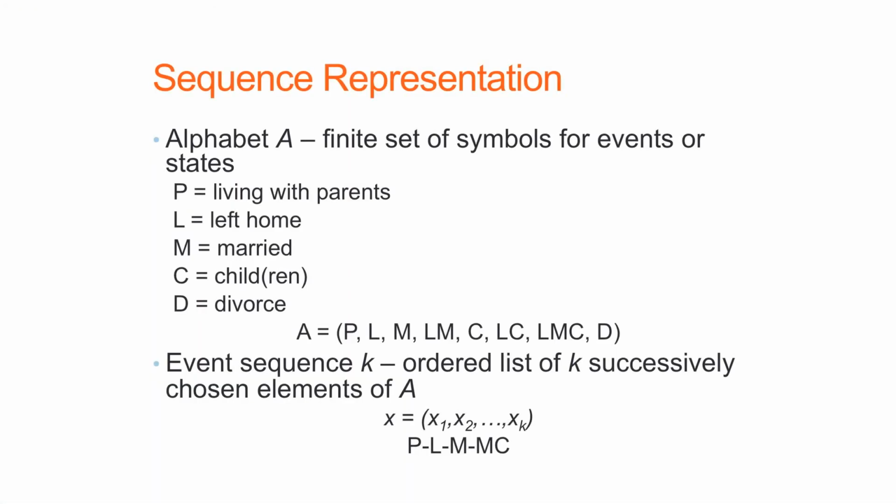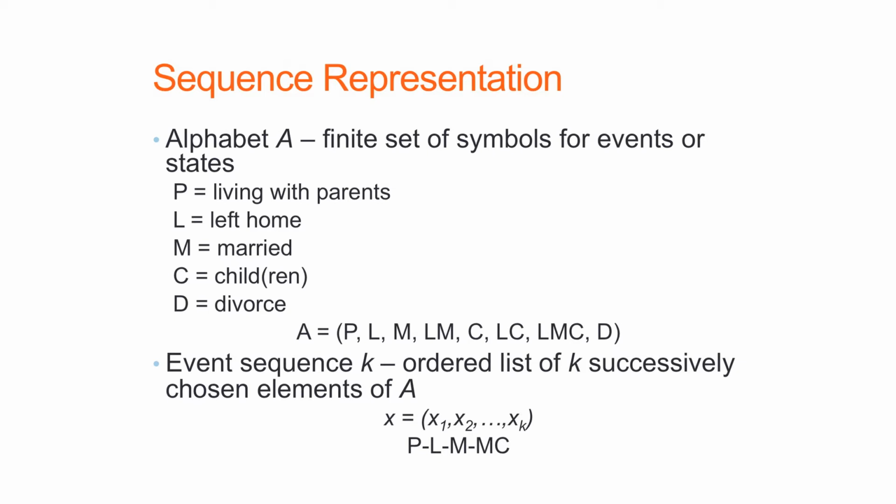Okay. Moving on to talking about sequences and how sequences are represented. Sequences use an alphabet. An alphabet, say A, is a finite set of symbols for events or states.